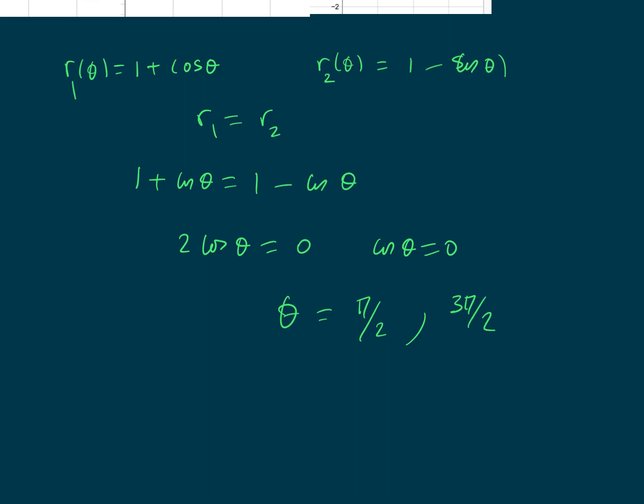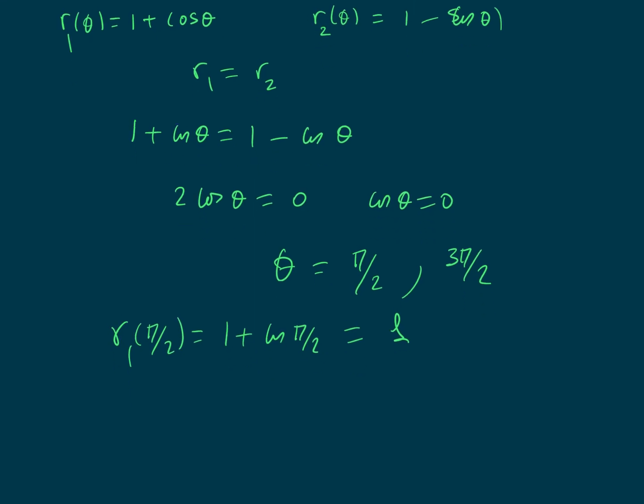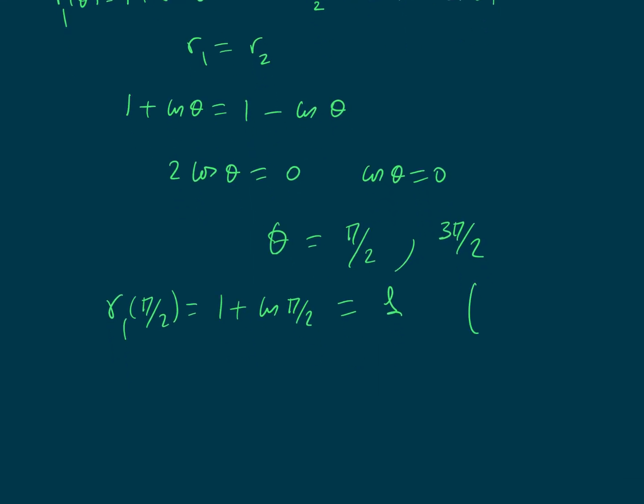So where are the points of intersection? Well, R of pi divided by 2 is 1 plus cosine of pi divided by 2, so it's 1. R1 or R2 is the same thing. It will give you 1. So the point will be 1 comma pi divided by 2, the R and the theta.